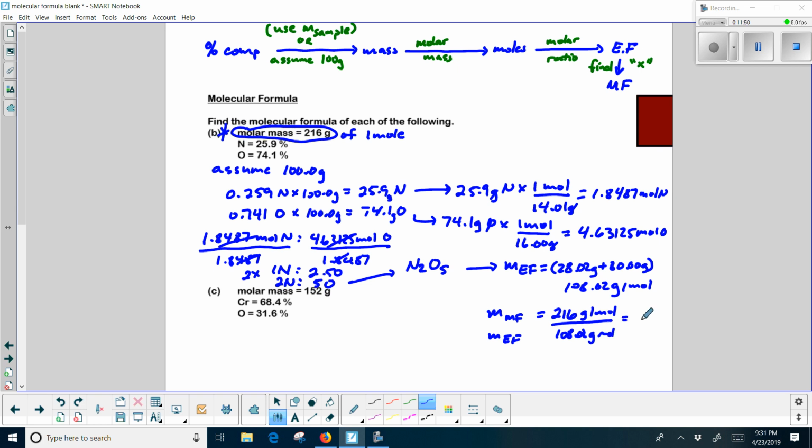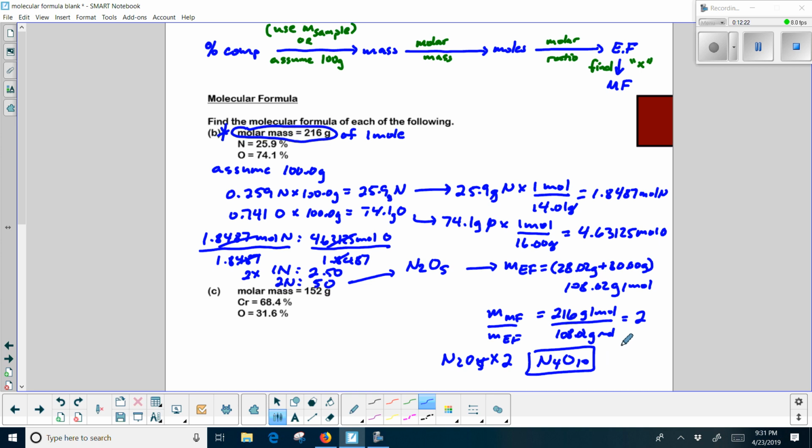And you end up with 2. So that means my molecular formula is twice as big as my empirical formula. So I've got to take this formula, N2O5, and multiply everything by 2. So I'm going to have N4O10. N4O10 is my actual molecular formula.